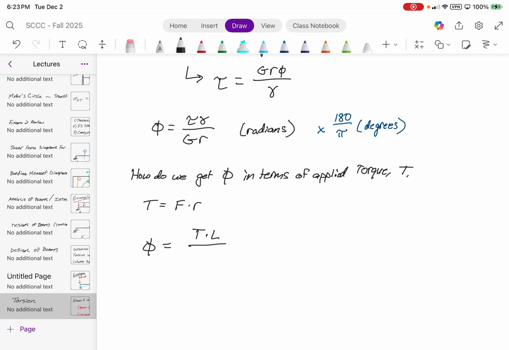From all of this, we can rewrite the shear stress, where now the shear stress, tau, is just going to equal the torque times the perpendicular distance divided by J. And we can do that now because we have this definition here. So, the main important equations we need to recall.